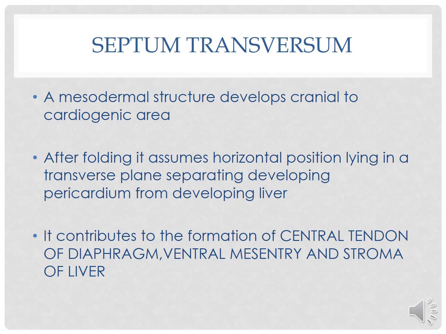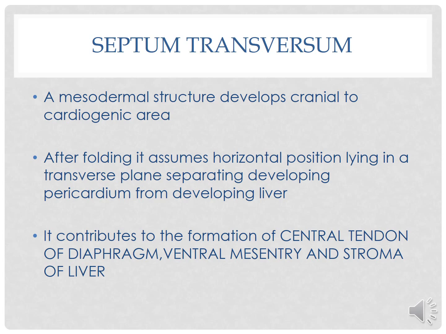So there is some gap present dorsally between the dorsal body wall and the septum transversum, so the peritoneal cavities and the pleuroperitoneal canals are in communication with each other dorsally.